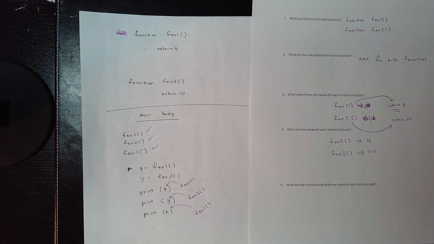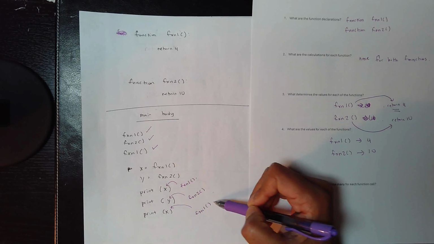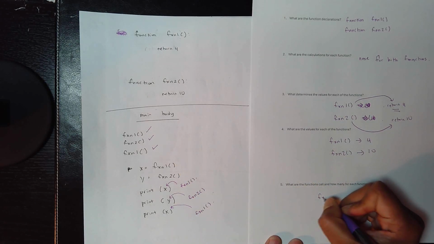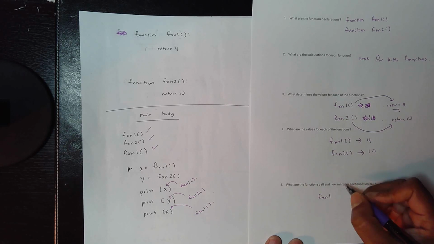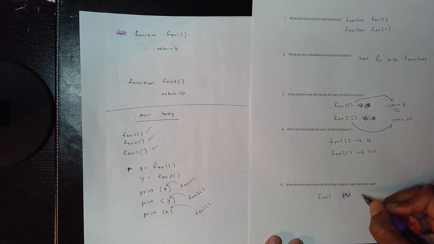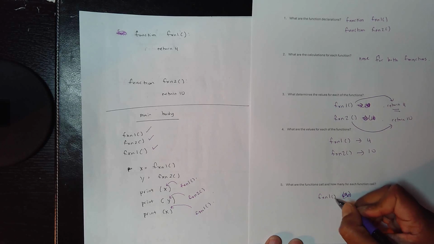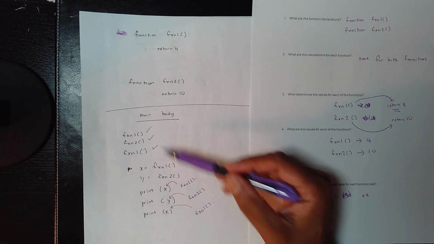So how many calls do we really have? Function 1 is 1, 2, 3, 4. Your function 1 is called 4 times. How many times is function 2 called? 1, 2.